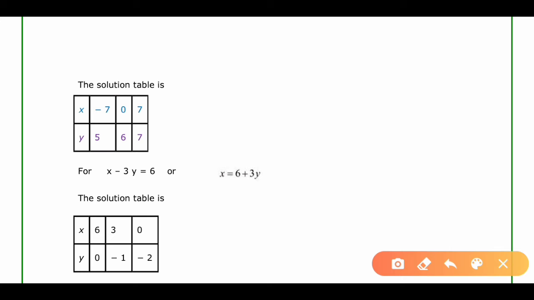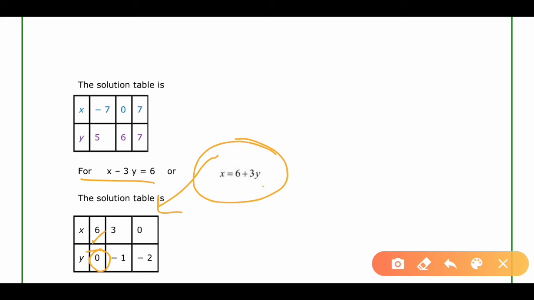Clear? Now the second equation is x minus 3y is equal to 6. Again, we are finding the value of x in terms of y. x will be equal to 6 plus 3y. Again, using this equation, we can get this table. When we put y equals to 0, we'll get x equals to 6.